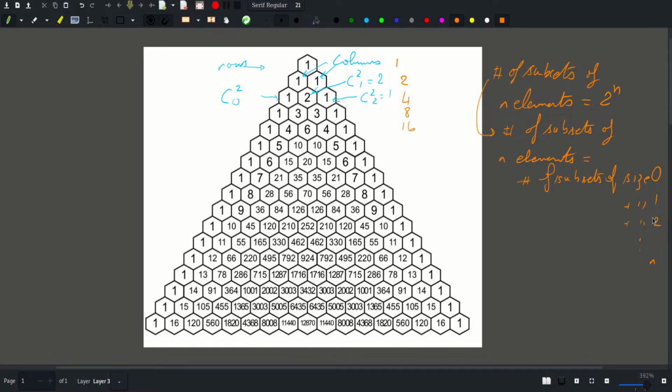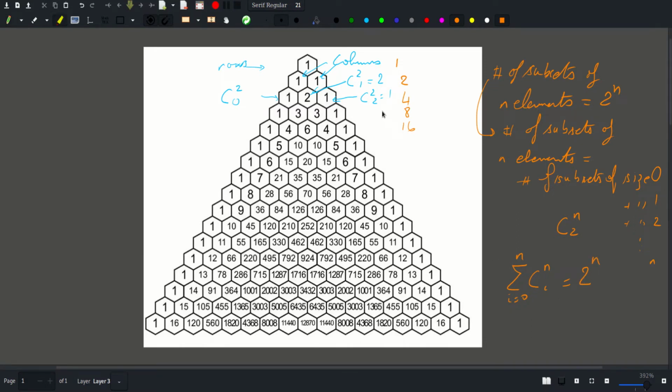And what is the number of subsets of size 2 from n elements? Well, it is precisely equal to choosing 2 elements from n elements. And if we sum up all these values, it's going to represent the sum of C of n choose i from i equals 0 up to n. And since these two definitions are equivalent, then this will be equal to 2 to the n.